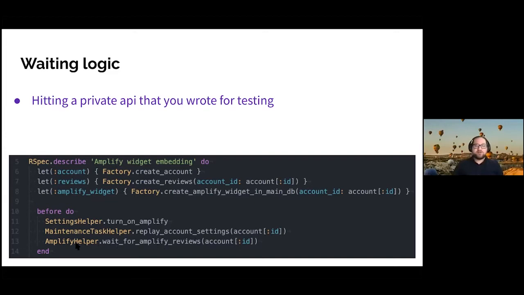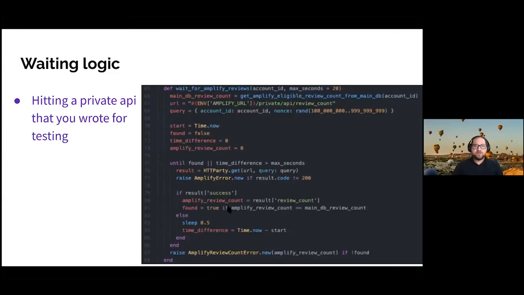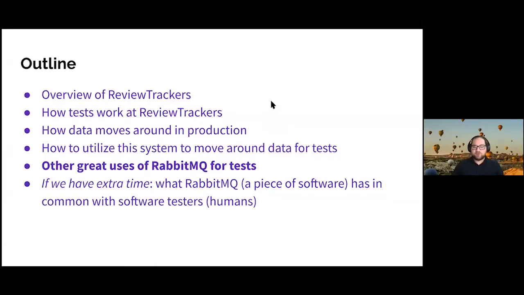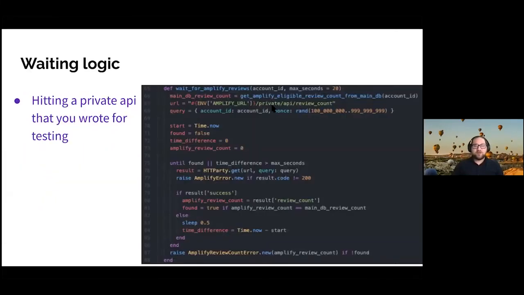And then we have this other interesting line of code, line 13, Amplify helper, wait for Amplify reviews, where we have a private API that I wrote specifically for testing that data made it to Amplify. So what that looks like is something like this. As you can see on line 67, there's a private part of the URL, and it just returns the review counts.